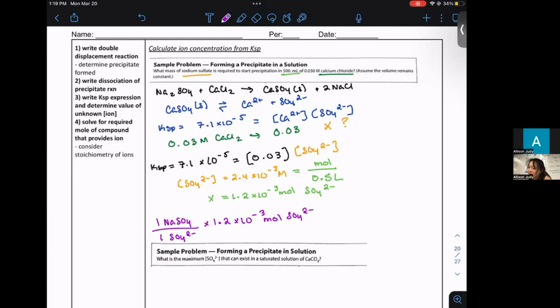Then I multiply that by the molar mass of sodium sulfate. I don't feel the need to multiply this out for you. That would give me an overall value of 0.17 grams of sodium sulfate required initially.